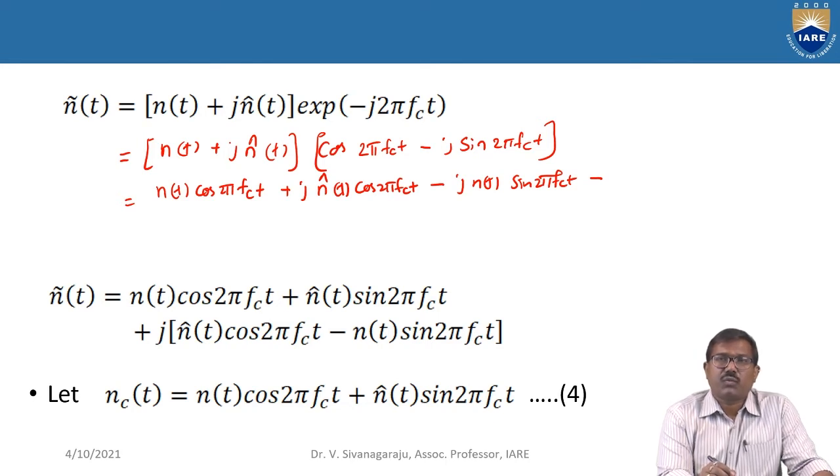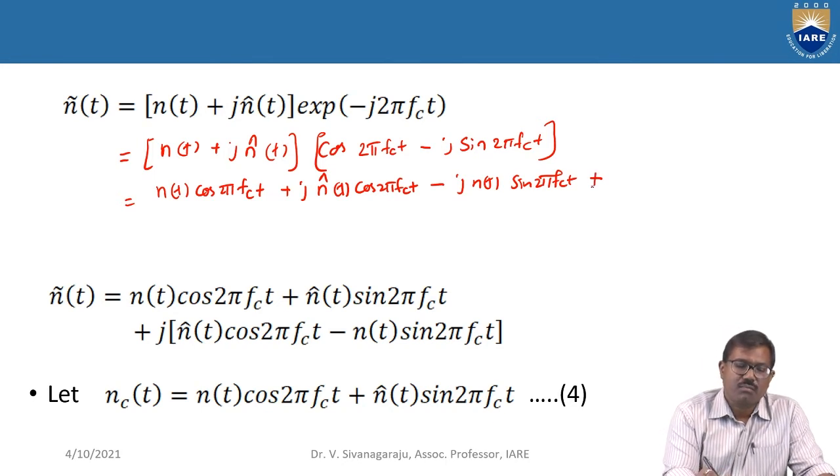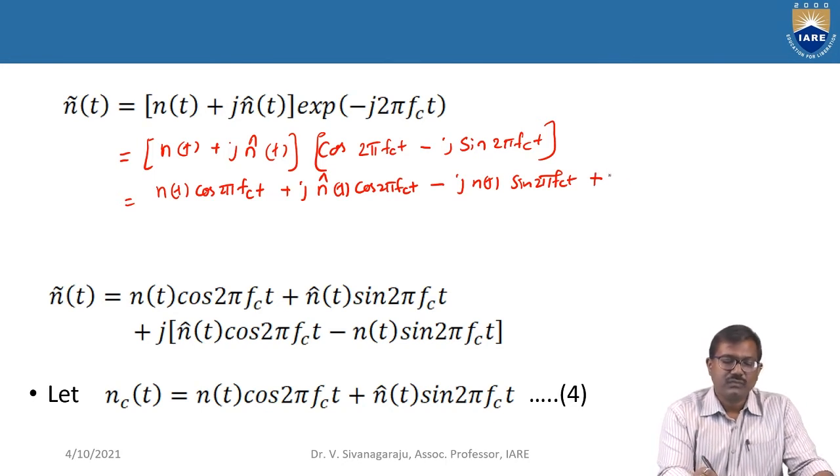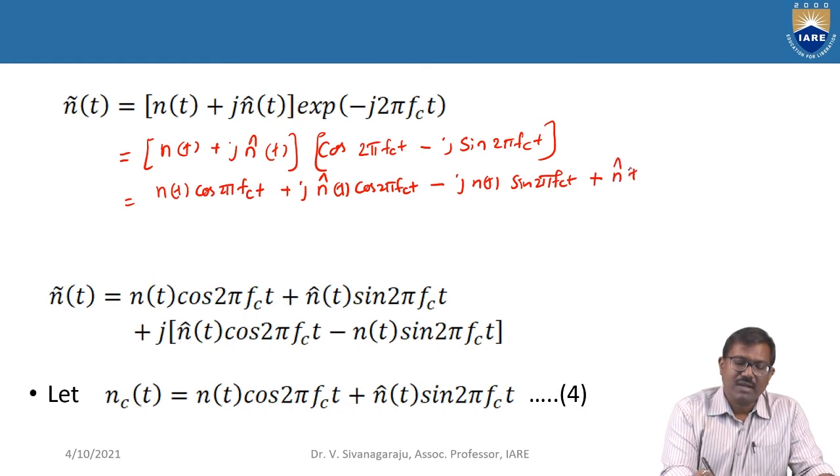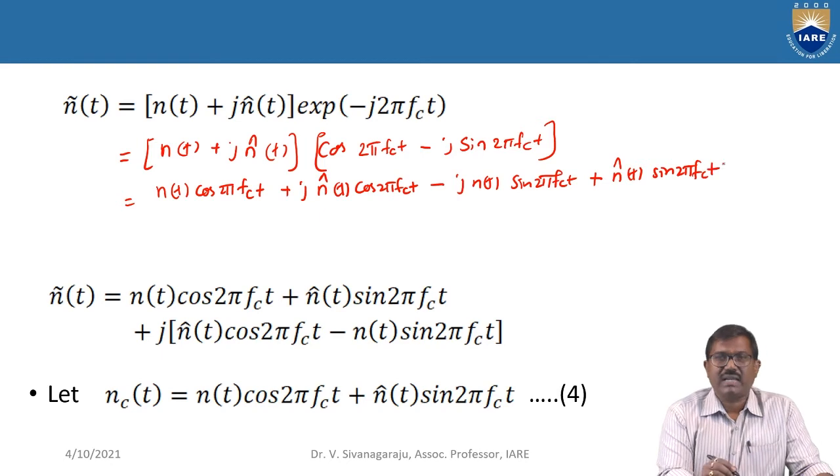The product of j terms gives j square, which is minus 1. So already we have a minus sign, so minus of minus is plus n cap of t into sin 2 pi f c t.